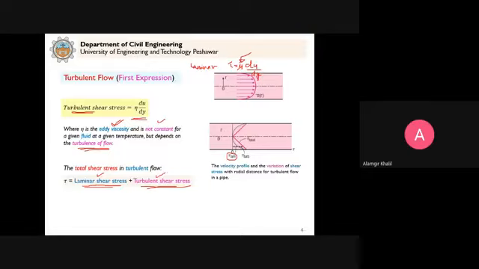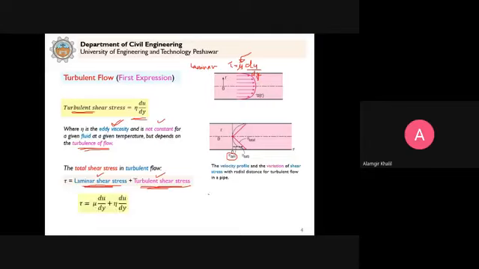So that is why the total shear stress will be equal to the laminar shear stress plus the turbulent shear stress. And you can see that as we move away from the wall towards the center of the pipe, the turbulent shear stress increases, and the laminar shear stress decreases in value. And of course at the center of the pipe, the shear stress is 0.